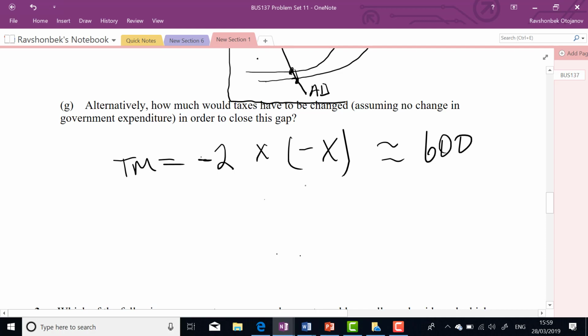Yes. So we need to lose 300 billion pounds of taxes here. We need to reduce the taxes by 300 billion, so the change is minus 300. That's it. That's the answer. Make sense? It will help us reduce the gap.